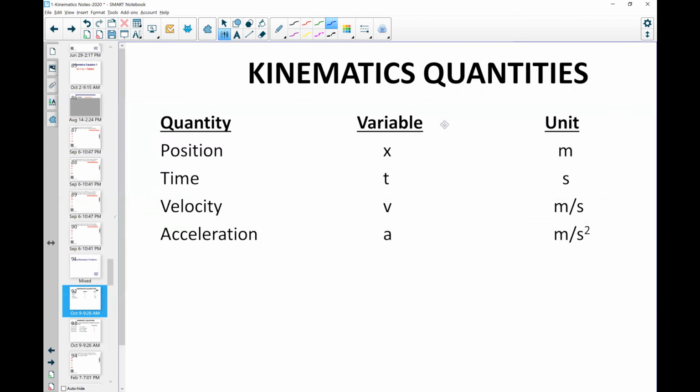Sometimes they won't flat out say the acceleration is something in meters per second squared. They'll use different phrasing like the rate of change was, so they don't actually use the word acceleration. But if you see the units meters per second squared, then you know that is the acceleration. Just some little subtle things like that to keep in mind.